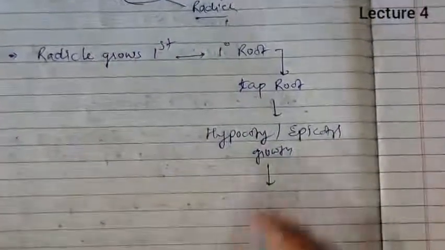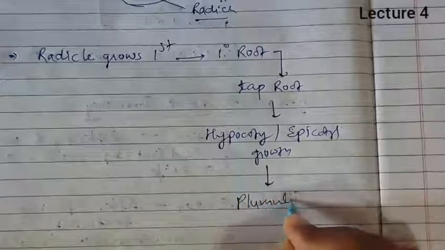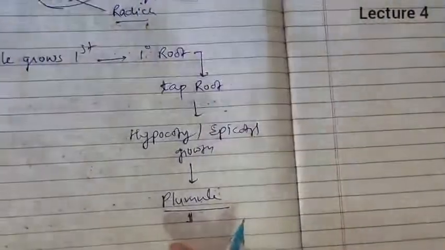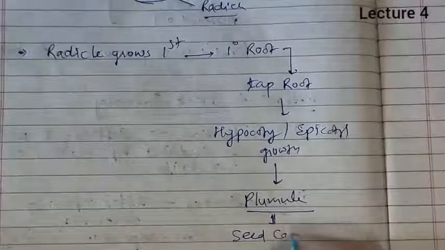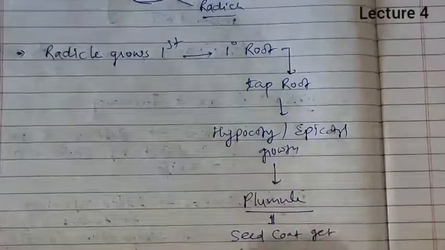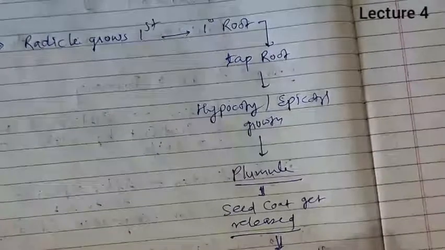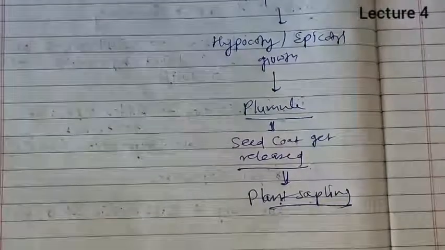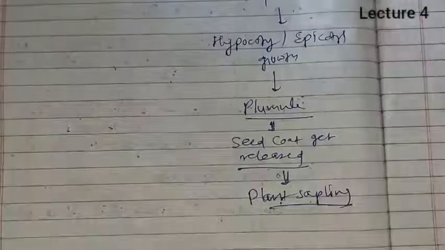Out of the two, one will grow, then later the other, and then plumule growth will be observed. After plumule growth, the seed coat is released and it is established as a plant sapling. This way the seed germination occurs. Now we need to talk about the types of seed germination.